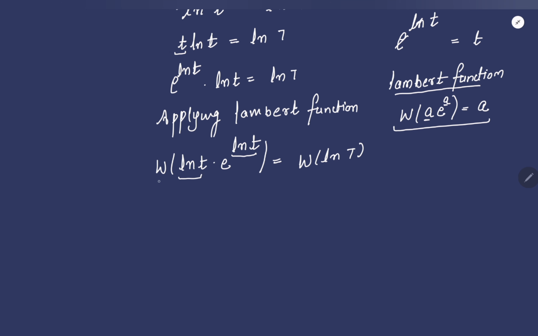So after applying the Lambert function, it would become just ln t is equal to W of ln 7, right? So now if I just want to find t, this t can be written as t is equal to e raised to power W of ln 7.